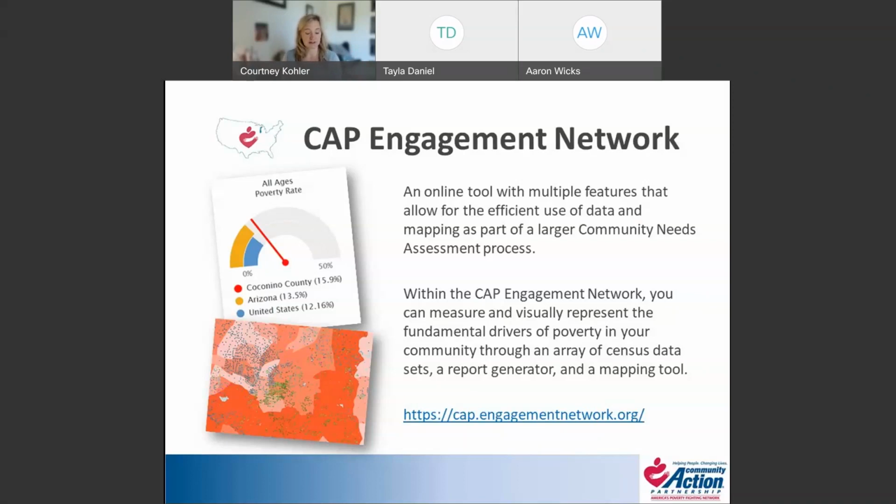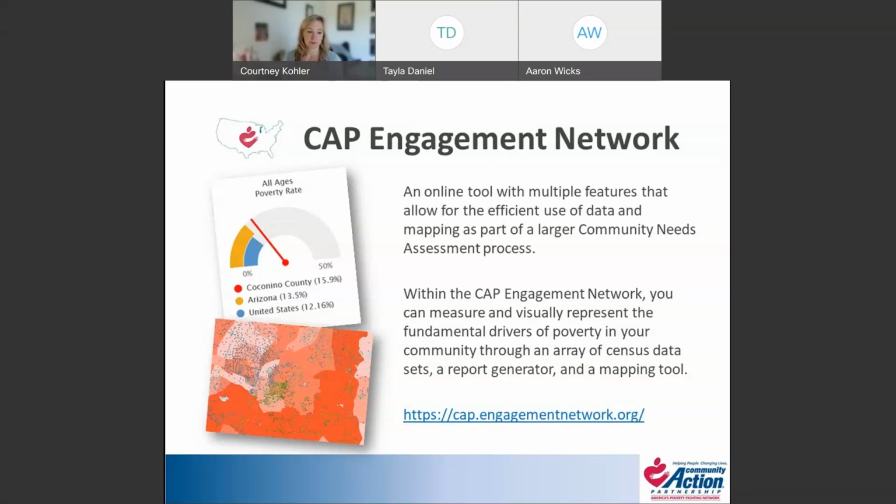Not only do we have the community assessment portion of the tool that you can print out a report with a wide variety of data indicators, but there's also a housing assessment report in there as well that has a broad array of housing indicators. So you can have a more specific report, especially if your agency has a large program around that, or it's a need where you might be building more programming tied to housing.